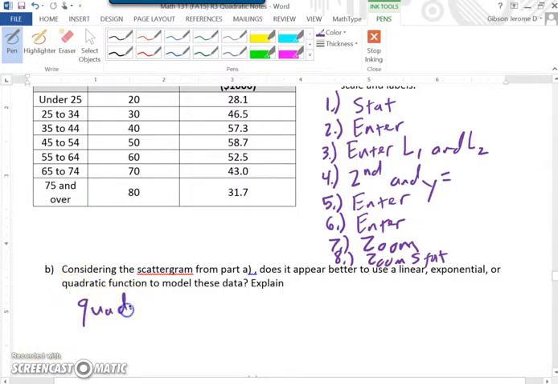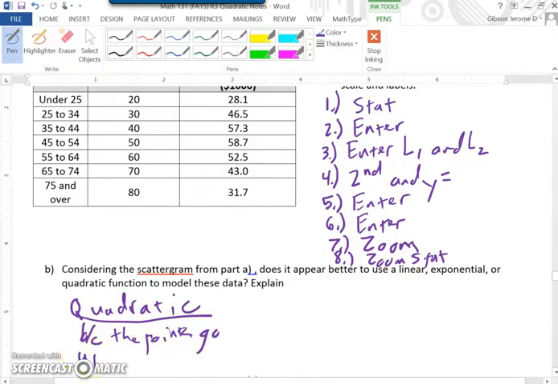So your answer here would be Quadratic, capitalized, and then you could put because the points go up and then back down.